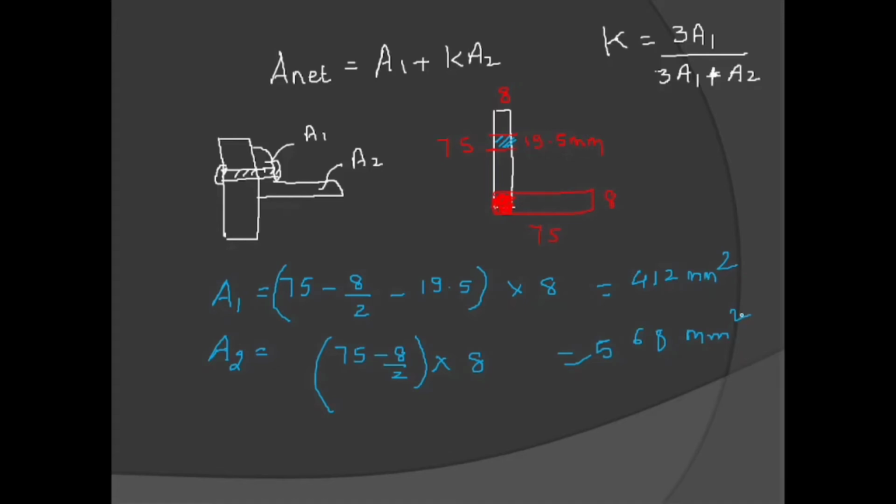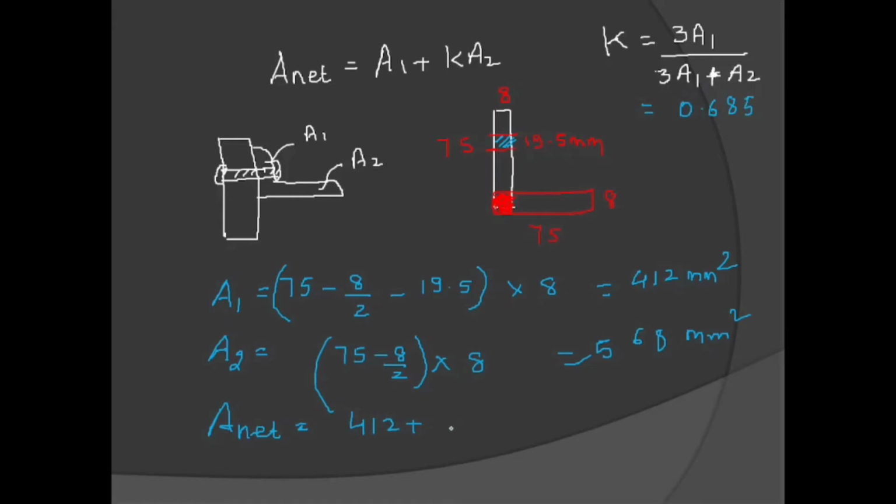Now we have to calculate the value of A net first. A net is equal to A1 plus K times A2. After putting the value of A1 and A2, I found the value of K is equal to 0.685.